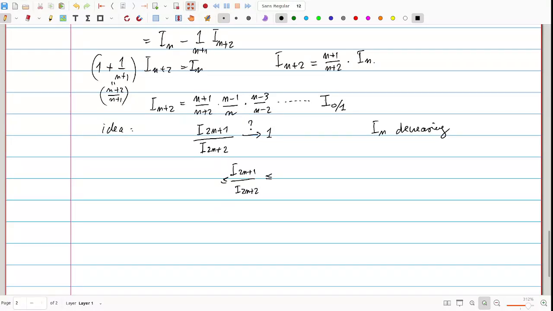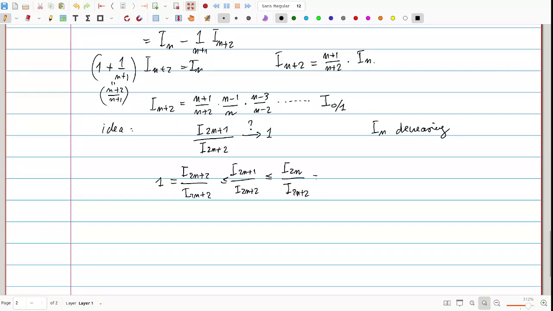Since it is decreasing, here we can put the next term, which is smaller, and we get 1. So clearly the ratio is larger than 1. But here we can put the previous term, I_{2n} divided by I_{2n+2}.